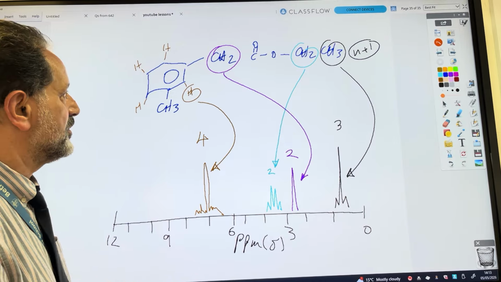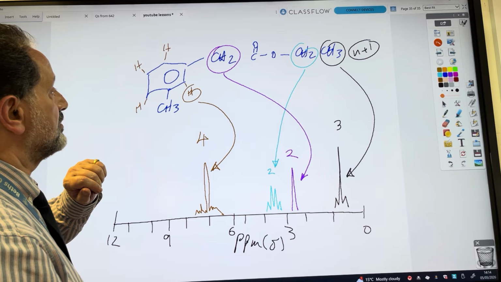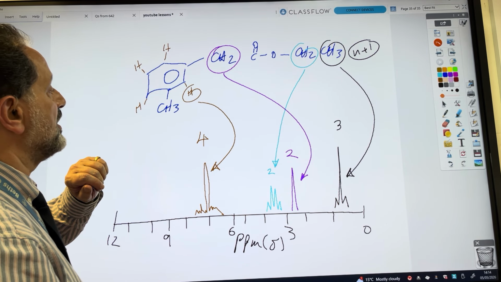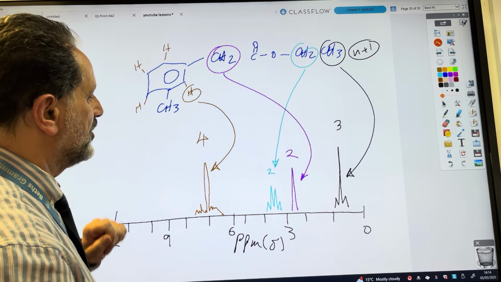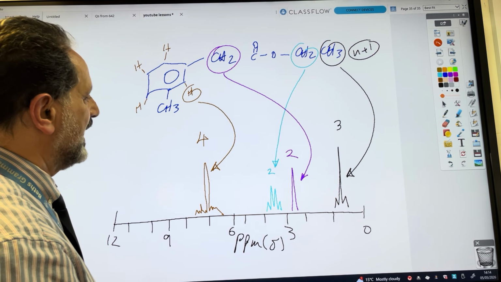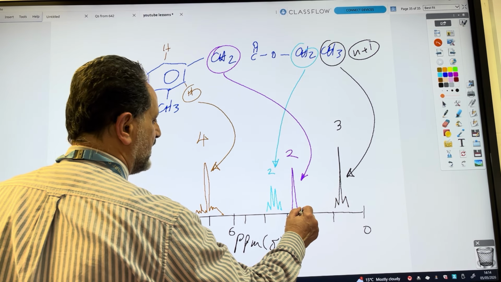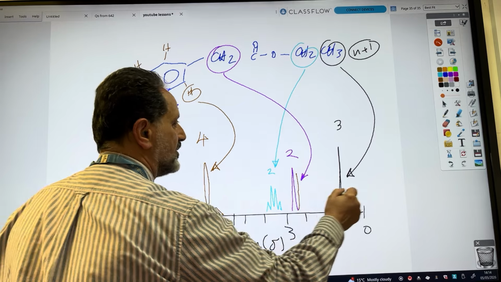But the carbon that the methyl functional group is attached to doesn't have any proton. So again, that is going to appear as a singlet in the 2 to 3 region as well. So you have another one in the 2 to 3 region. Let's draw it in a different color.